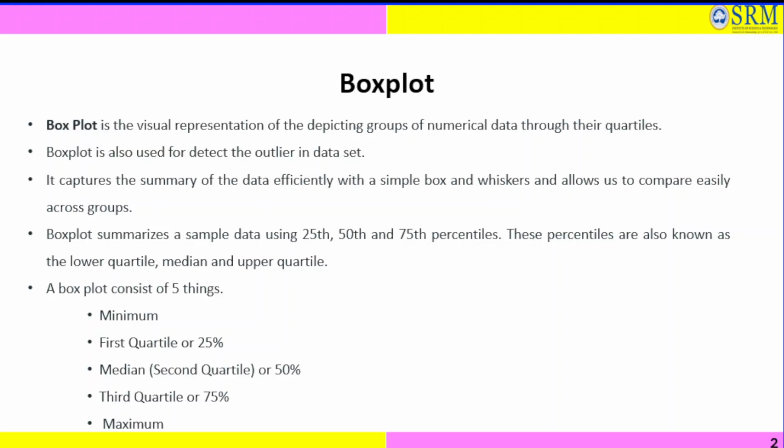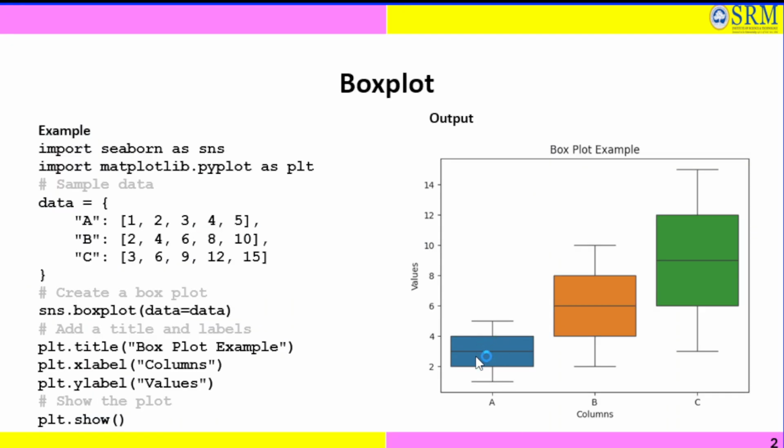As you could see in this box plot, as I said, it is a visual representation depicting groups of numerical data through their quartiles. As you would have seen in the previous plot, these are some of the quartiles. So there are some segments.